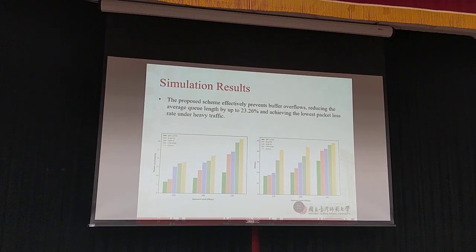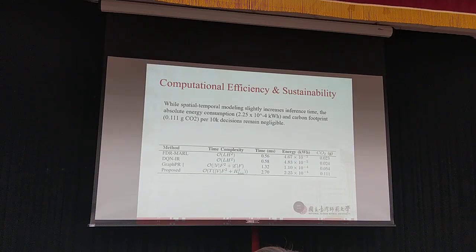overload under heavy traffic. We achieve the lowest packet loss rate and reduce average queue length by 23%. So LSTM successfully allowed the satellite to look ahead and avoid trouble. We also conduct a green AI analysis.